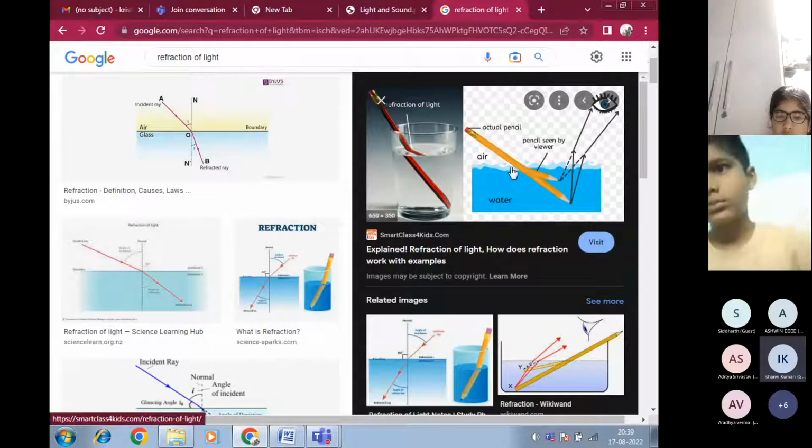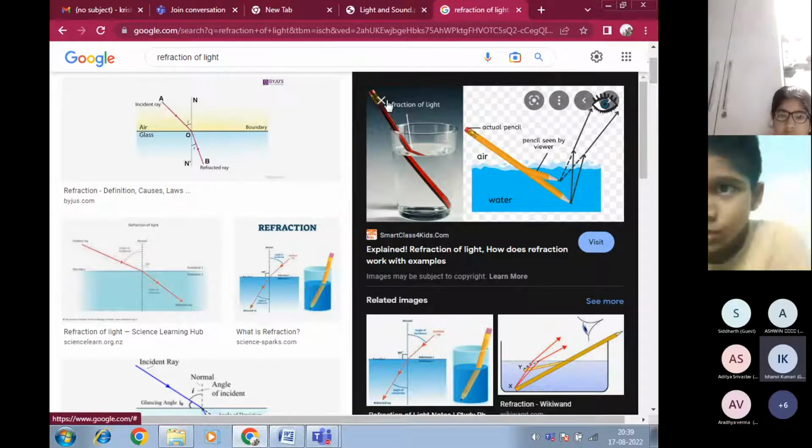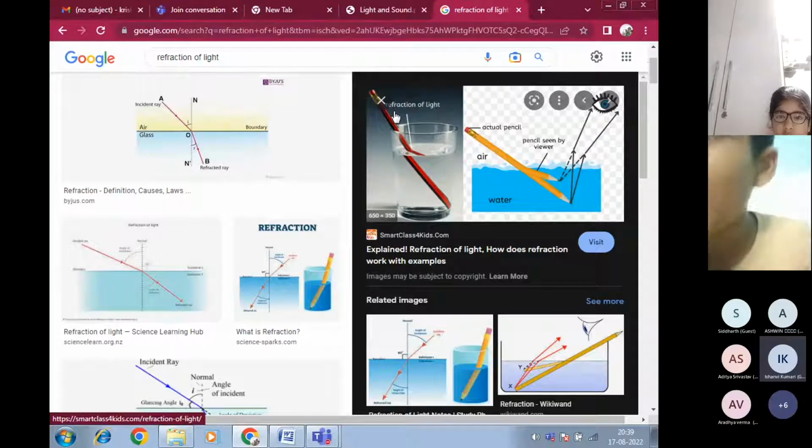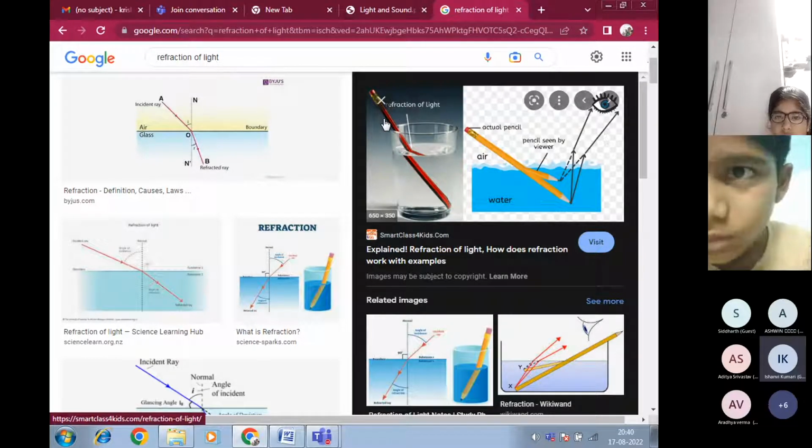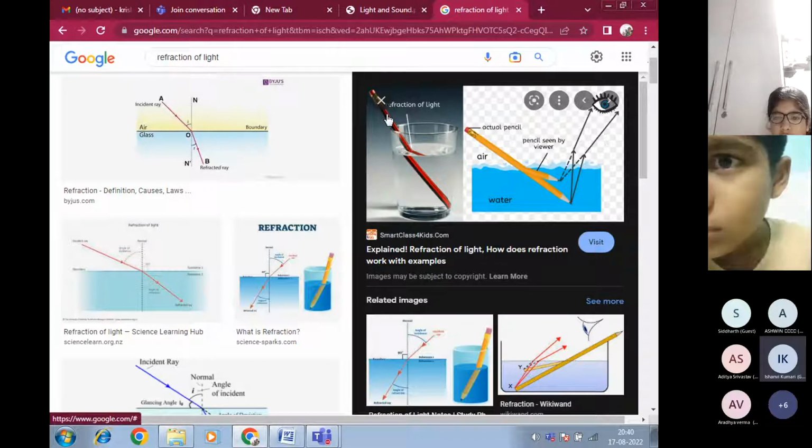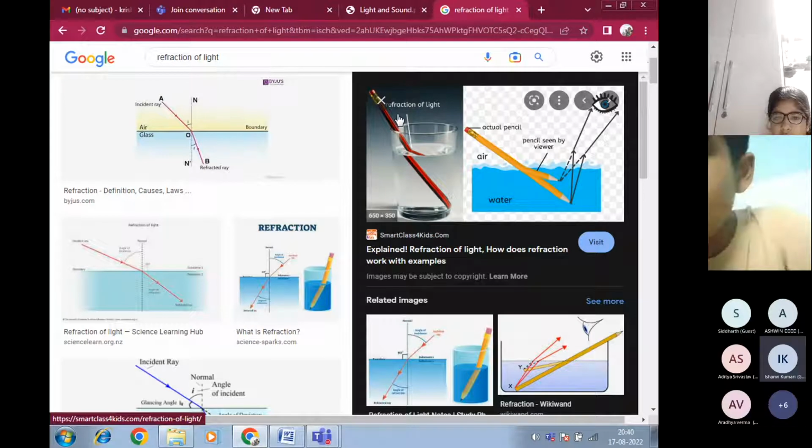See, half of the pencil is in the air. Air is the medium. You can see this part is outside the water, so it is in the air medium. It is in the atmosphere where the air is, and it is transparent.